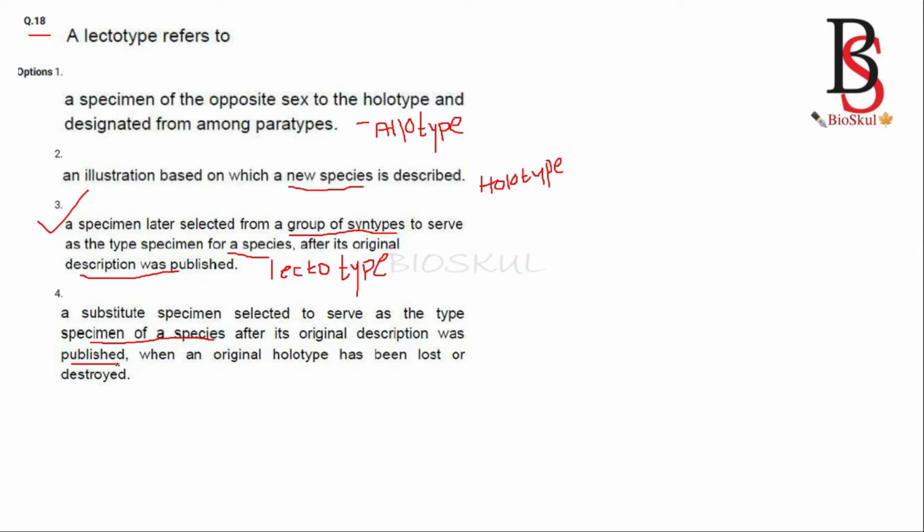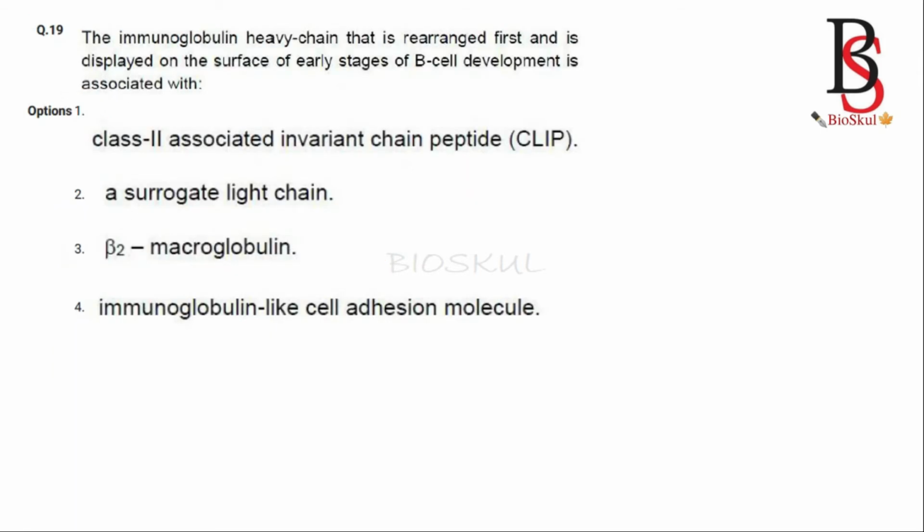It looks like the lectotype, but when an original holotype has been lost or destroyed, it refers to neotype. It's very important to practice the previous year CSIR NET questions, because though you may not get any direct question, you will get some related questions.